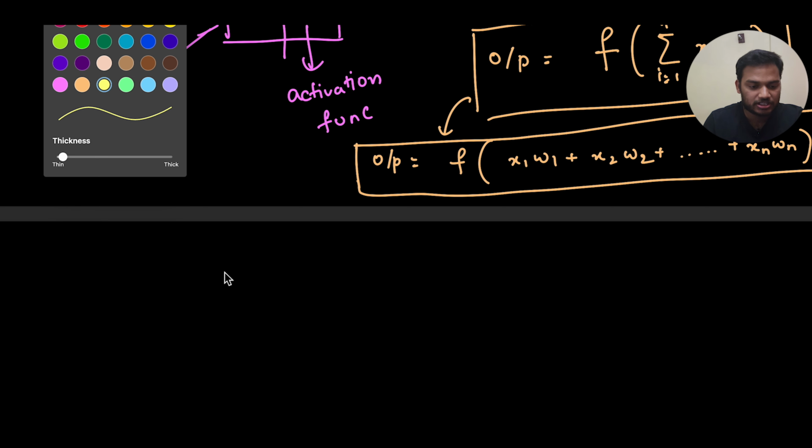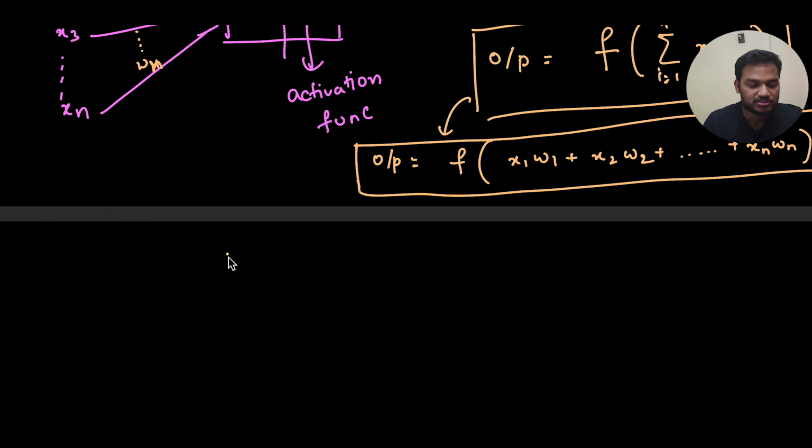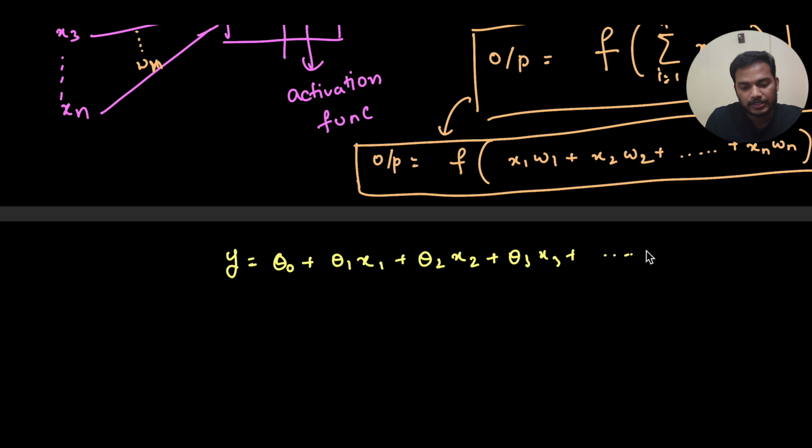When it comes to linear regression, the first step, the hypothesis, is the equation of a straight line, and that will look like y equals mx plus c when there is only one feature. Let's say if you have n features, then how will my equation look? It will look something like this: theta naught plus theta 1 into x1 plus theta 2 into x2 plus theta 3 into x3, and so on, theta n into xn.